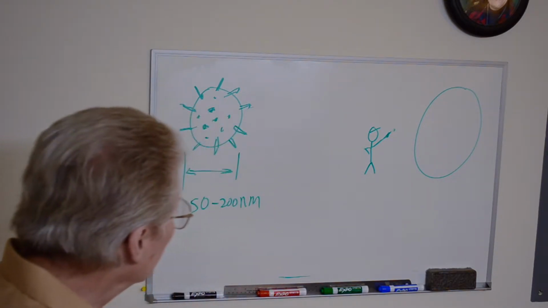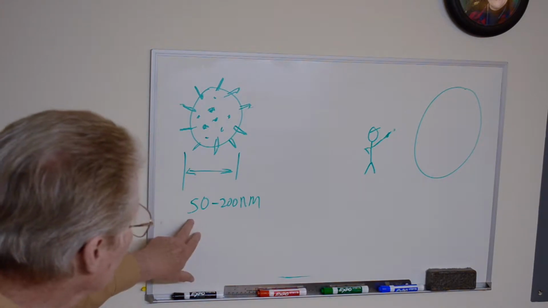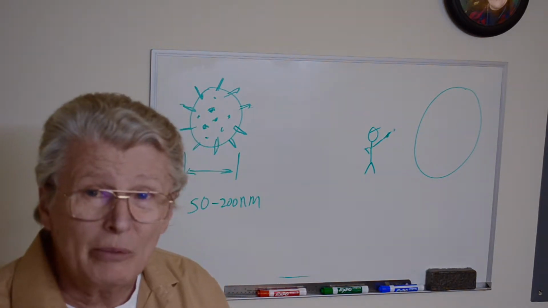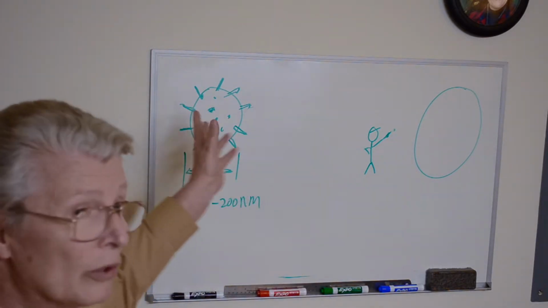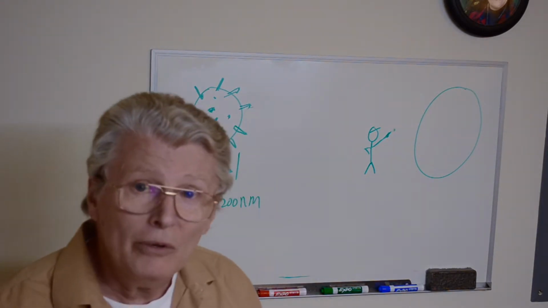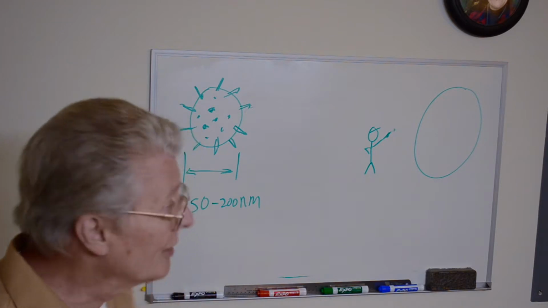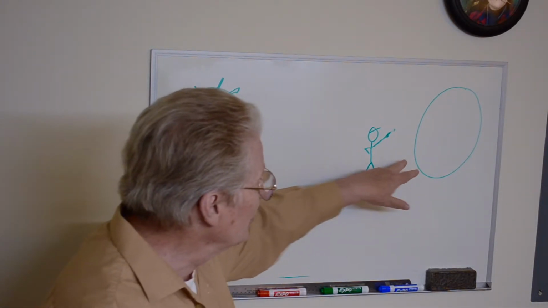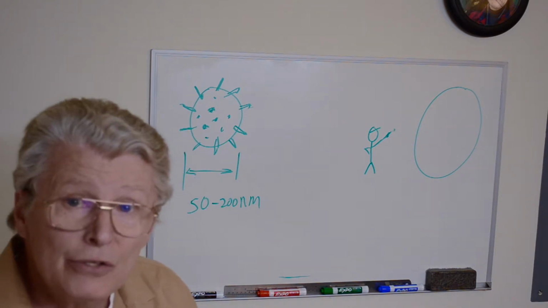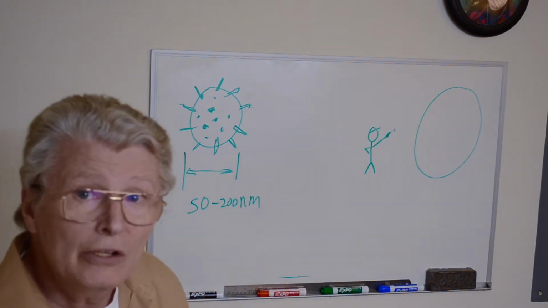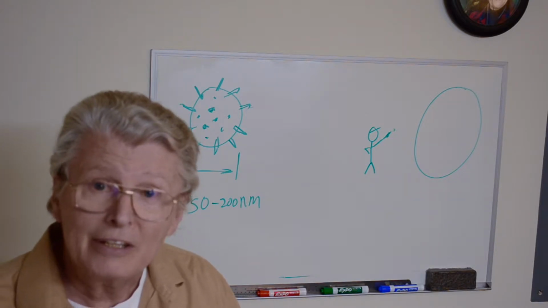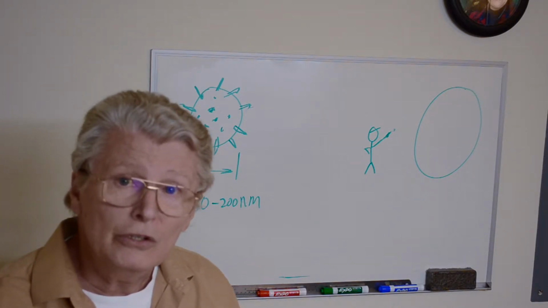But the virus is going to be somewhere between 50 and 200 nanometers in diameter. It kind of looks like a World War II mine that they'd mine a harbor with. It's got little spikes on it and everything, but that's the size of it. And compared to you at your 39 nanometers, it's going to be bigger than you are. You'd probably want to run and hide if it came after you. It's very large compared to you.